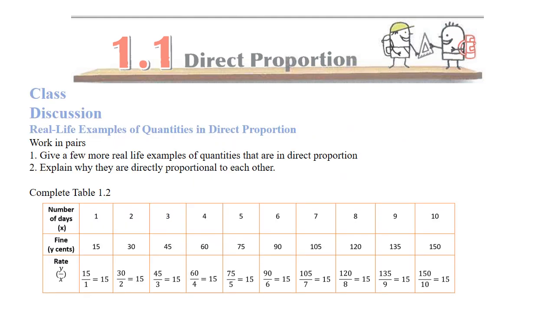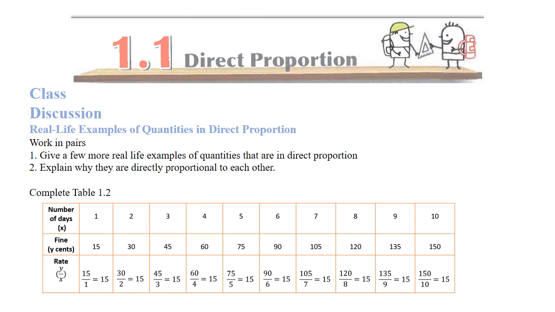So let's do something more about that table. This is the same table with another row added. We can see on the third row that if we divide the price or the fine by the days, the respective day, we get the same number. So we divide each number in the fine row with the respective number of days.